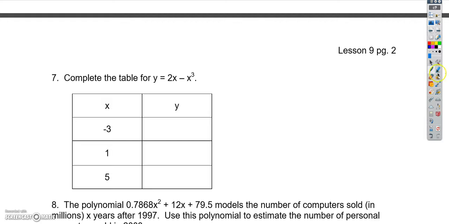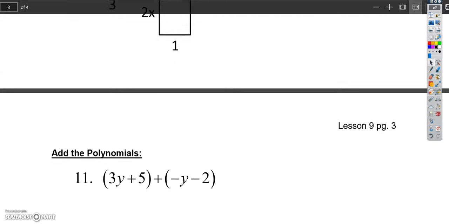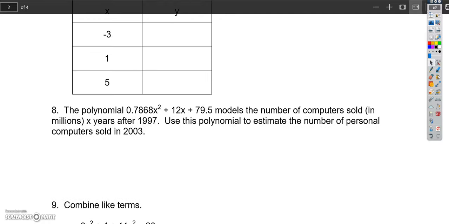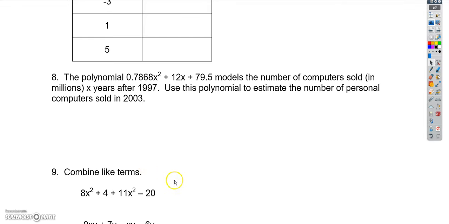I'm going to do this one last problem, and then I'm going to leave the rest to do in class. So this is of our polynomial, just like we've been working with. It says it models the number of computers sold X years after 1997.